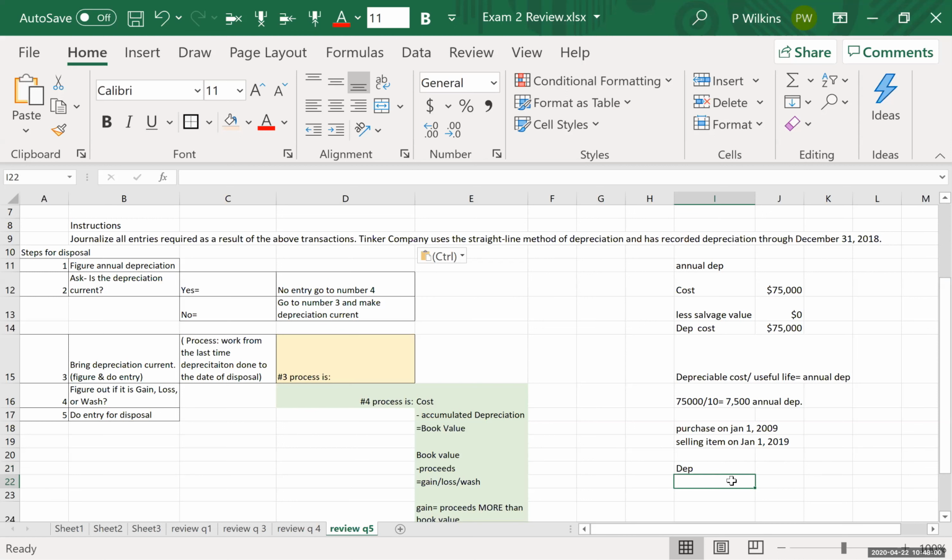So the first year they bought it was January 1, 2009, right?